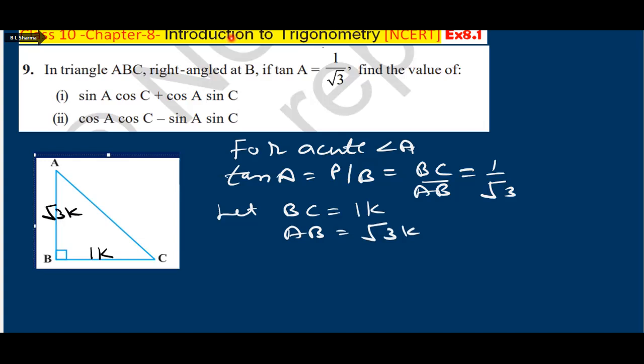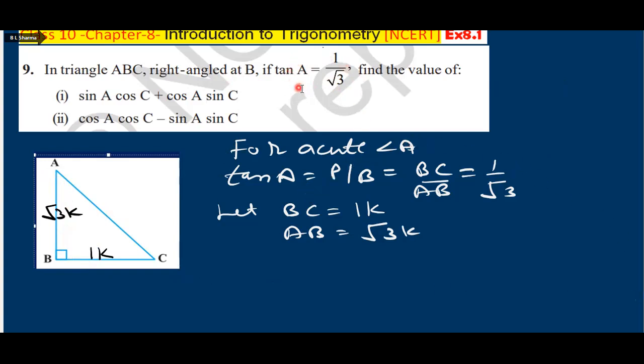AB is base. कैसे पता चला? We know that the side just opposite to the angle under consideration is perpendicular. यहाँ पे हम acute angle A consider कर रहे हैं, उसके सामने वाला side BC perpendicular होगा. That will be perpendicular for acute angle A.